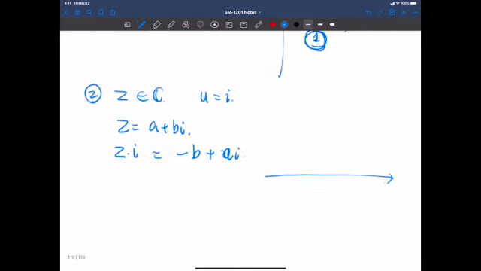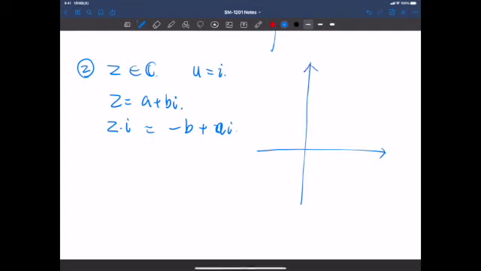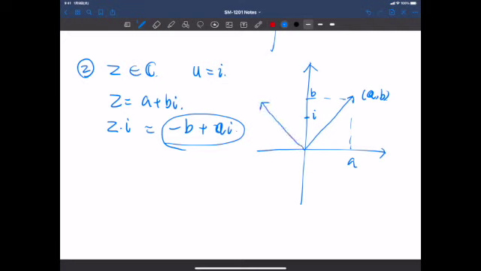So in this plane, if we have z at (a, b), then if we multiply by i, the resulting complex number is (minus b, a). So this is a, this is b, and this is minus b, and this is a.